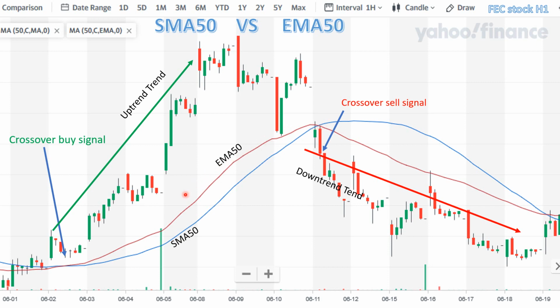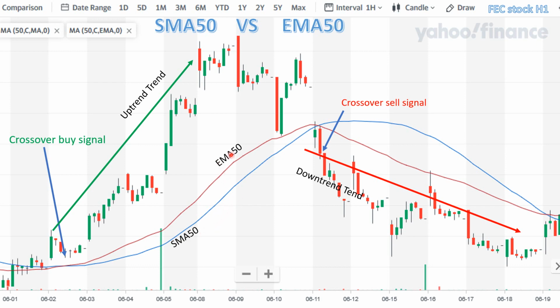Now we see EMA 50 is much closer to the price than SMA 50. So here EMA 50 acts as a fast moving average and SMA 50 acts as a slow moving average.